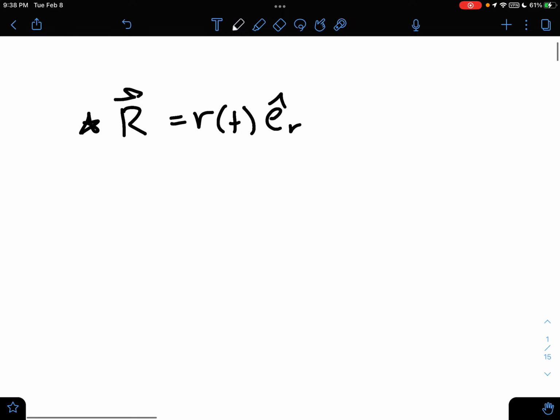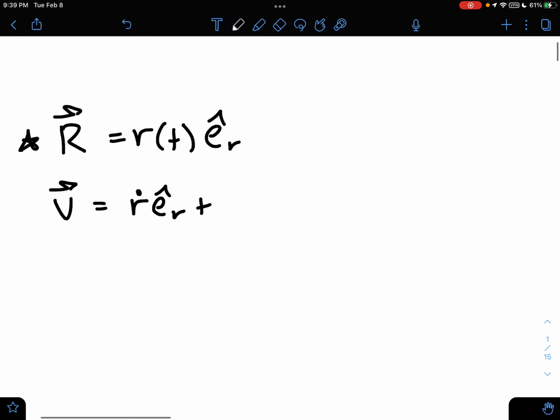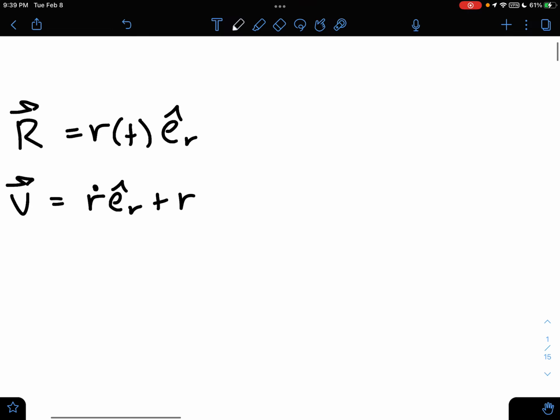So if we take our derivative, our velocity is going to equal a function of time times another function of time, and we're taking the derivative with respect to time. So we have to use our product rule, so that's going to be r dot, derivative of the first times the second, e hat r, plus the first times the derivative of the second, so that's going to be d e hat r dt, because we're taking the derivative with respect to time.